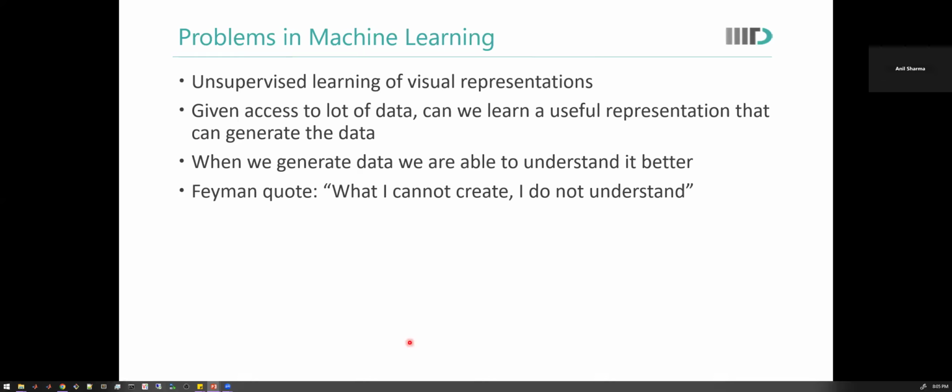Generating the data helps the model understand it deeply, echoing this famous quote: "What I cannot create, I do not understand." That's why understanding the data distribution is also very important.